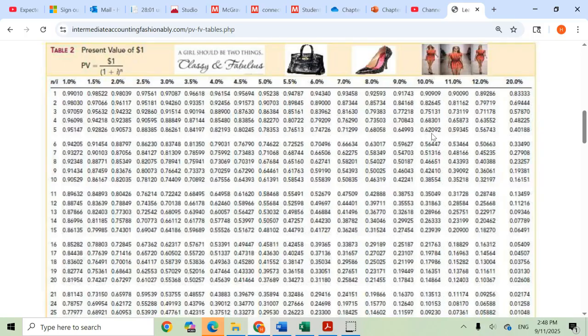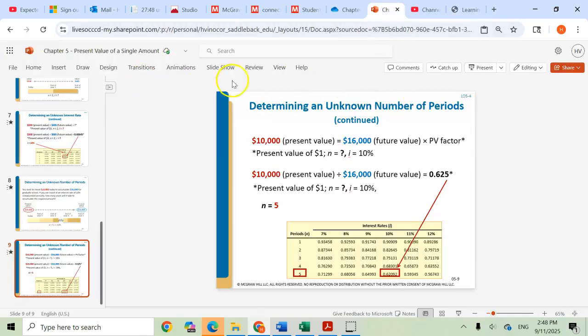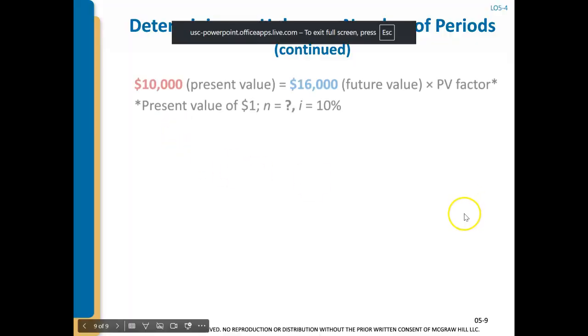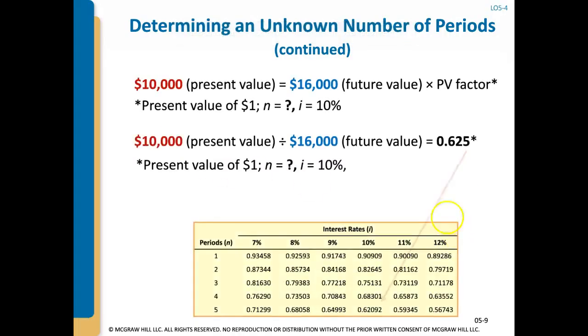So that's why I'm going to use 0.62092 as my factor, because that's the closest one I have in the 10% column. And that tells me n equals 5. So if I have $10,000 today and I want $16,000 in the future, earning approximately 10%, I would have to invest for 5 years, assuming it's compounded annually.